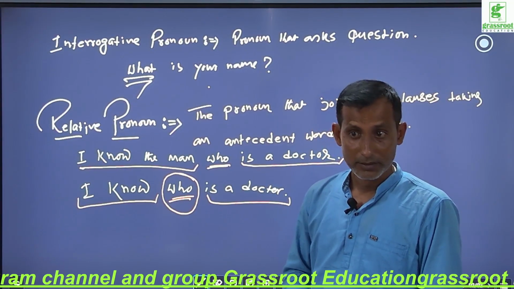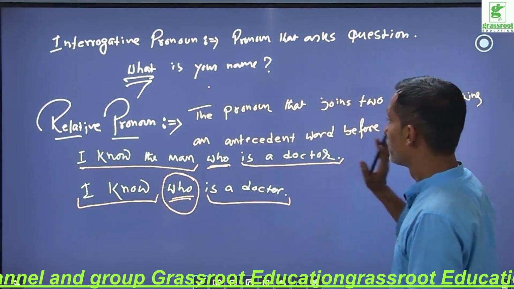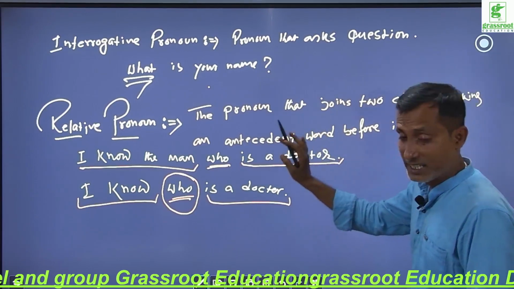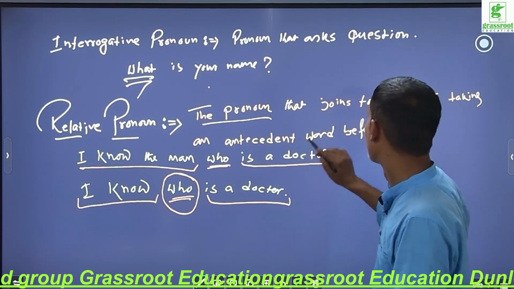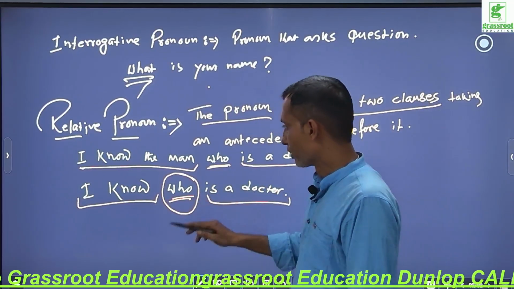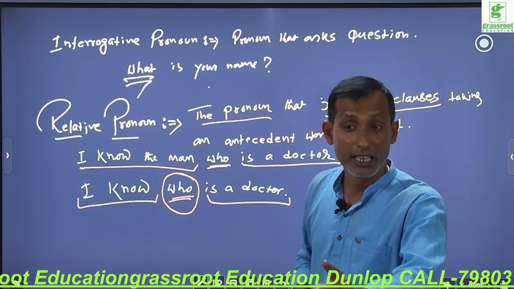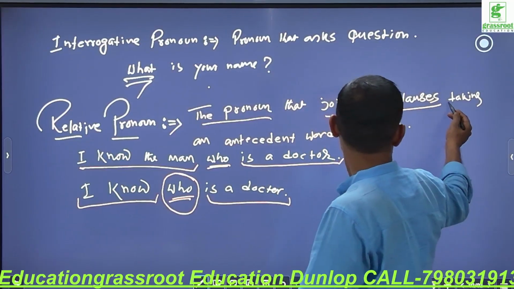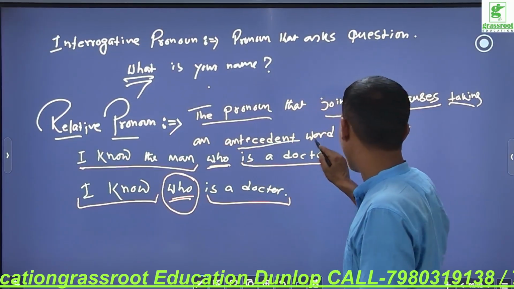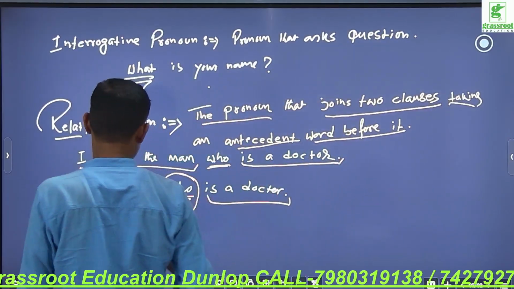Those who are online, just look at your basic concept. The pronoun that joins two clauses. Here, both who join two clauses. But the condition of being a relative pronoun is taking an antecedent word before it. So what is antecedent?